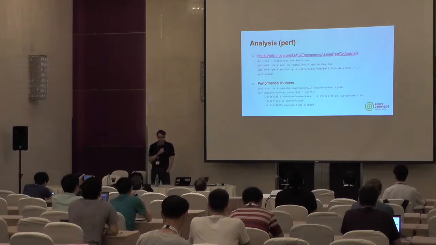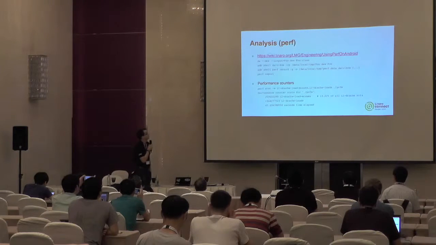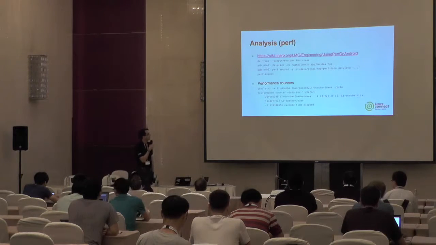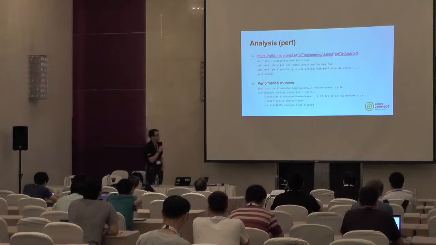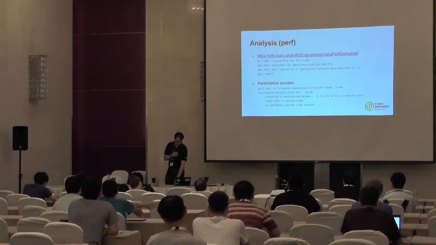I think Android will be moving to simpleperf, but it will be just as usable. Hardware performance counters as well. So there's an example there of statting out info about data cache load misses, data cache loads, done during some recent prefetch investigations. So perf is very useful, as always.